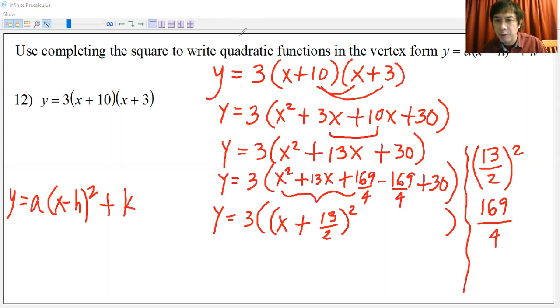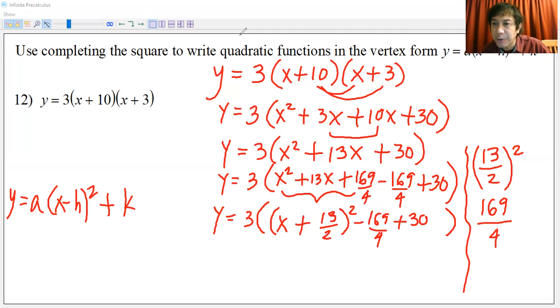There. And so we still have now the minus 169 over 4. All right, so this is plus 30. We will have to combine the 30 and the 169 over 4. But the 30 is a whole number. The 169 over 4 is a fraction.